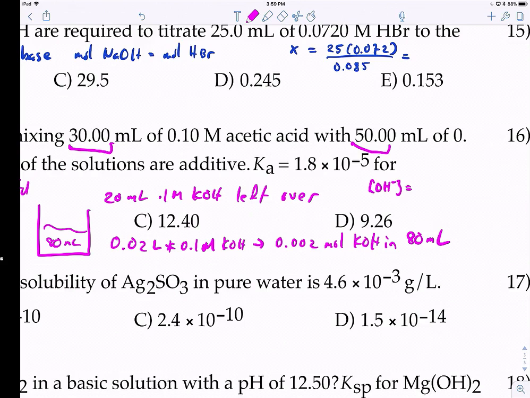You throw them both in, they're going to react, and your leftover is 20 milliliters of 0.1 molar potassium hydroxide, which is 0.002 moles of potassium hydroxide. Is everyone good with that? So now the concentration is moles per liter, 0.002 all over 0.08 liters. So what is that?